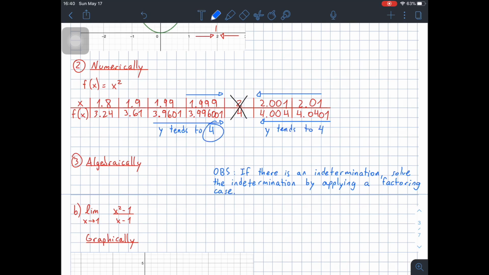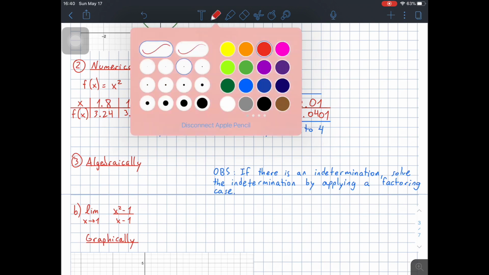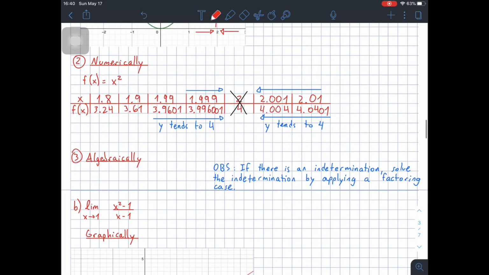And because this value is the same as this value, then we can conclude that the limit of x squared when x tends to 2 is equal to 4. Okay?